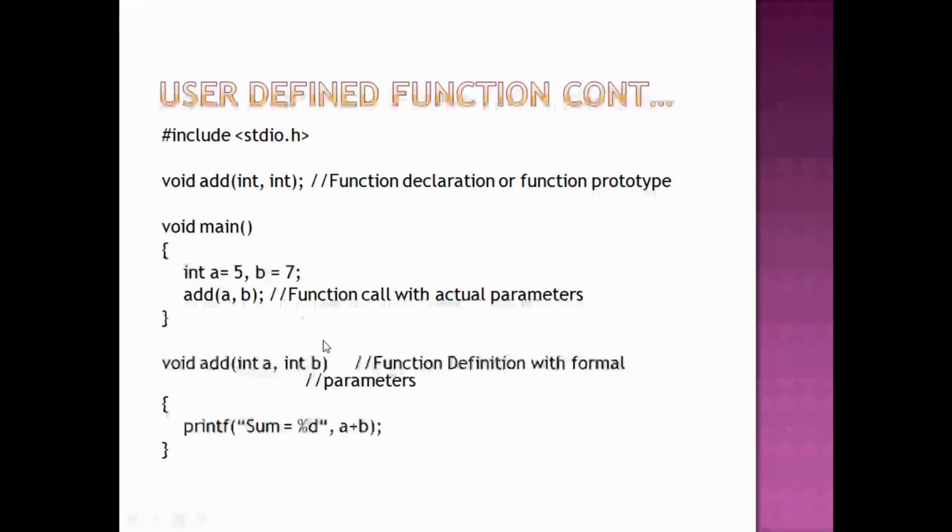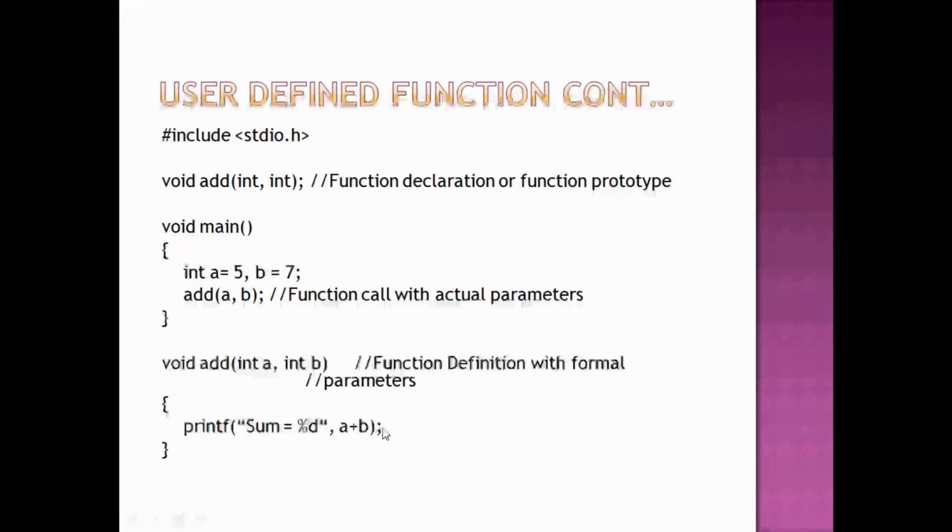So a and b will in turn have 5 and 7. Clear? The parameters of this particular function implementation are called formal parameters. Here these are actual parameters, and these two are formal parameters.